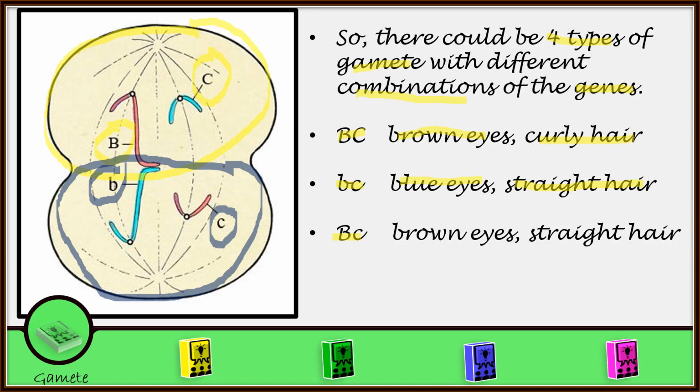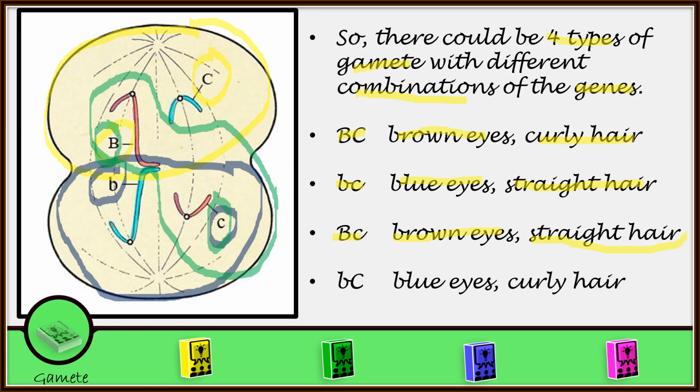For example, we may have another cell which may take this chromosome and this chromosome. So it will now have capital B and smaller c, which are genes for brown eyes and straight hair. There is that possibility that can happen also.